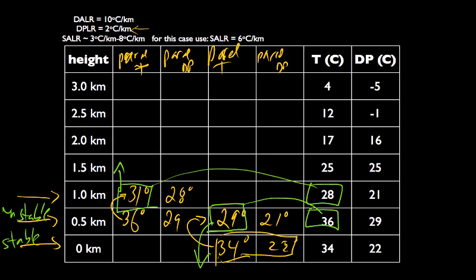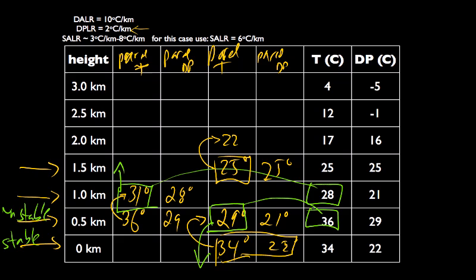All right, and we can see that stability also if we look at the saturated level at 1.5. So I'm going to skip a level just to show an example. We start off at that level at 25 degrees, with a dew point of 25 degrees. We take that parcel and push it up to the next level. It's going to cool at the saturated rate, which means it's only going to cool by 3 degrees.